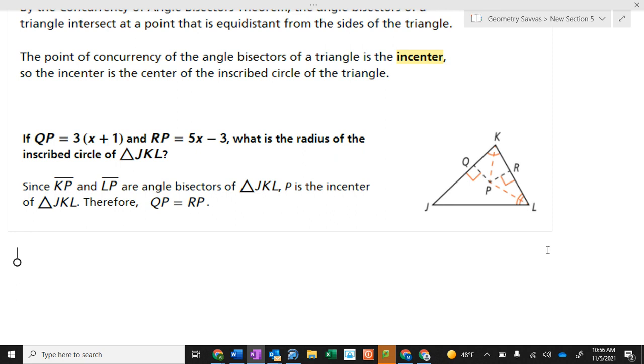Okay, so when we have an incenter, it's the same distance away from the sides, right? So what would we do with QP and RP to figure out the radius of the inscribed circle there? Not measure it.